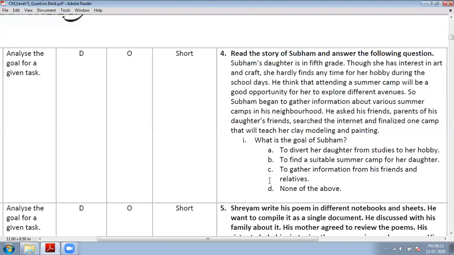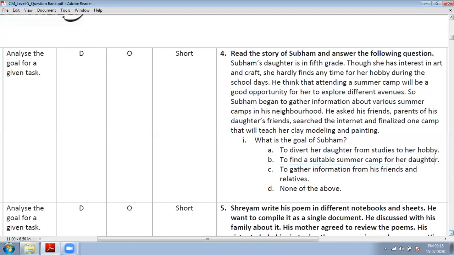The answer will be to find a suitable summer camp for her daughter. Subham is the father, and his daughter is attending a summer camp. Subham is helping his daughter to find a suitable summer camp for her. So this is the goal.